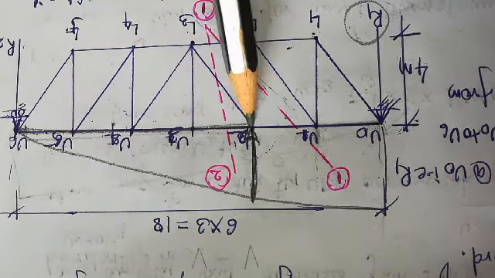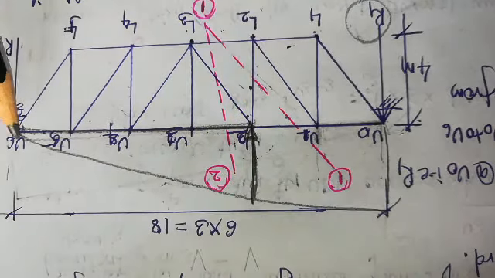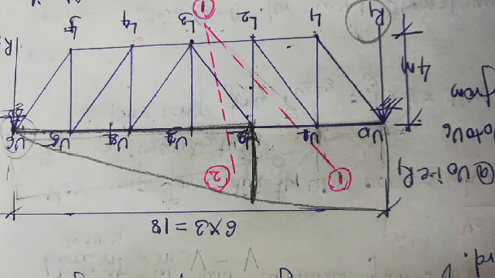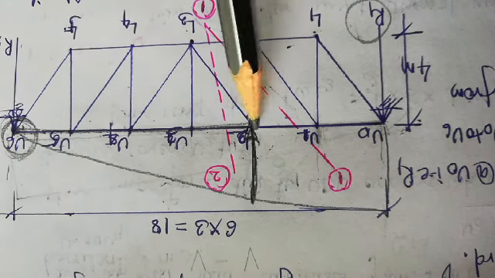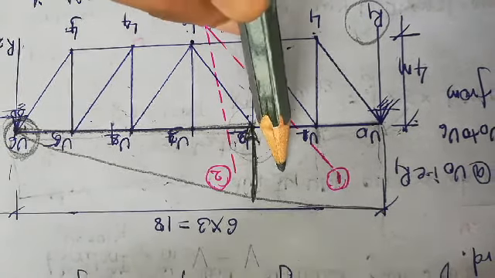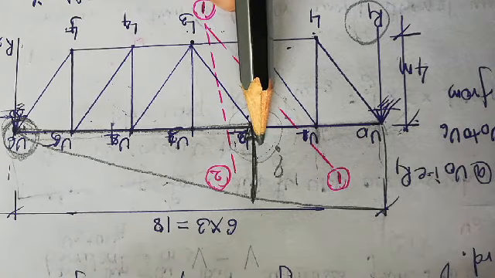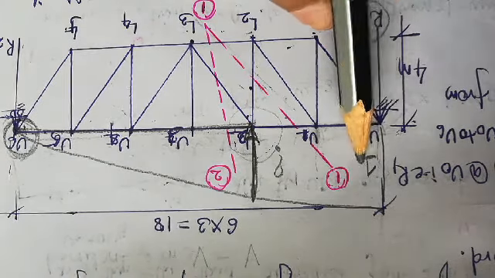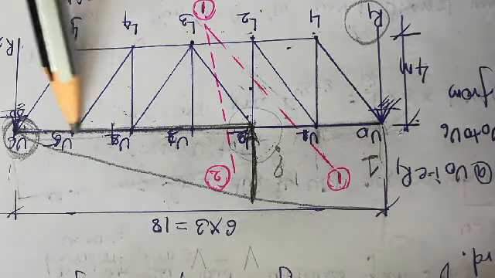At U6 the ordinate is 0, so the force in U2 L2 will be 0 when the load is at U6. It will be maximum when it is at U2. Now what will be this maximum ordinate?